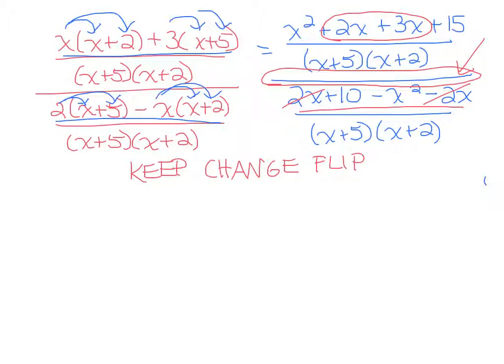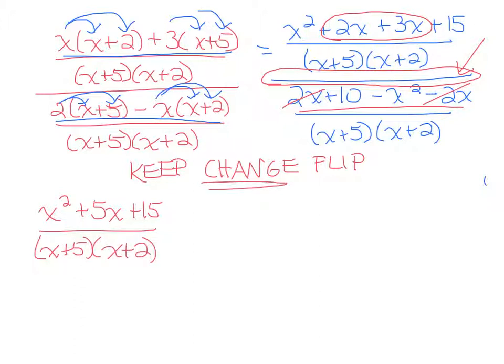Let's keep the first fraction, the top fraction, the same. My top fraction is x squared plus 5x, combining those like terms, plus 15, all over x plus 5 times x plus 2. We're going to change from division to multiplication.